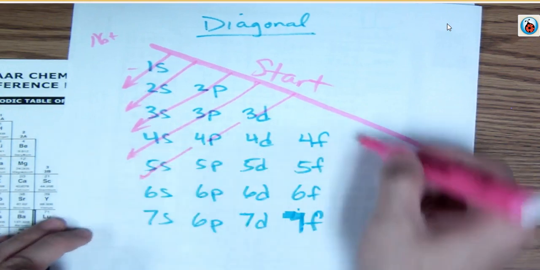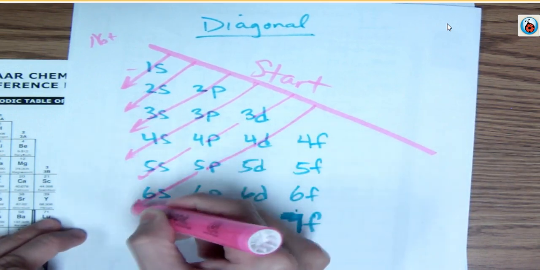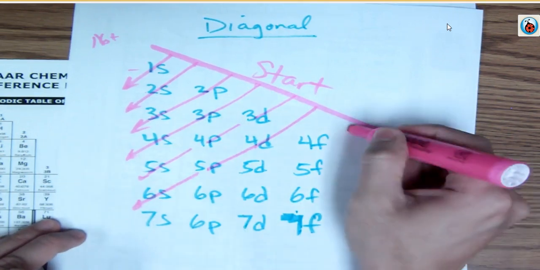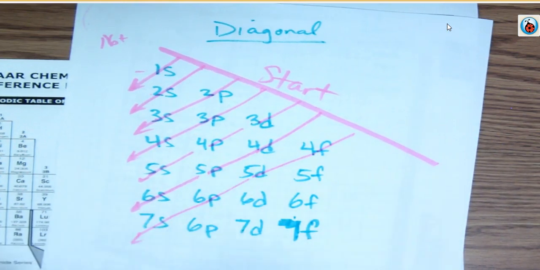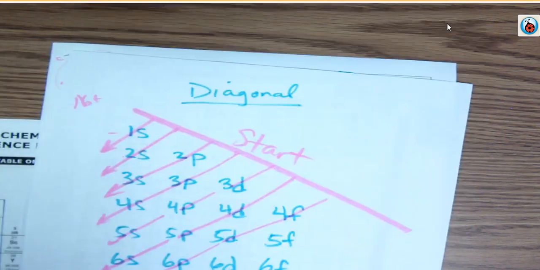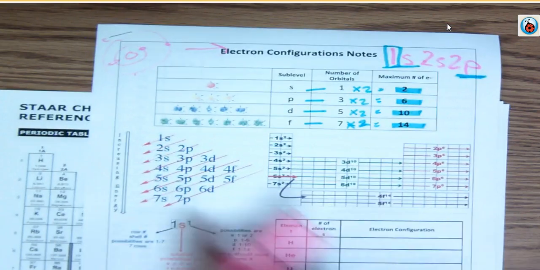Okay. Back to the line, 4D, 5P, 6S, 4F, 5D, 6P, 7S. If you know how to follow this, this is going to make your life so much better. I don't know when you'll use this again, but it'll make your life for the next couple of weeks, days, a lot easier. And the rules right here as well.